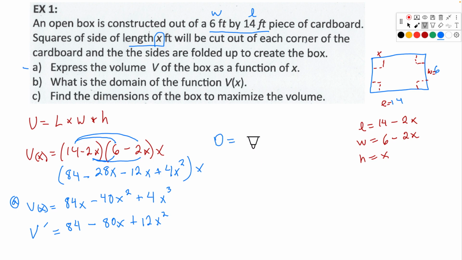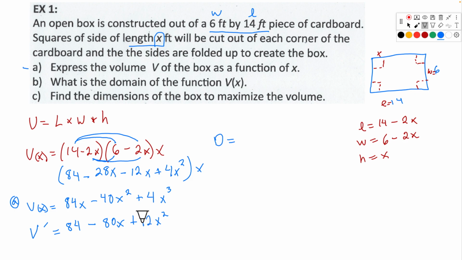How's this going to factor? 80 divided by 4 is 20, and 84 divided by 4 is 21.